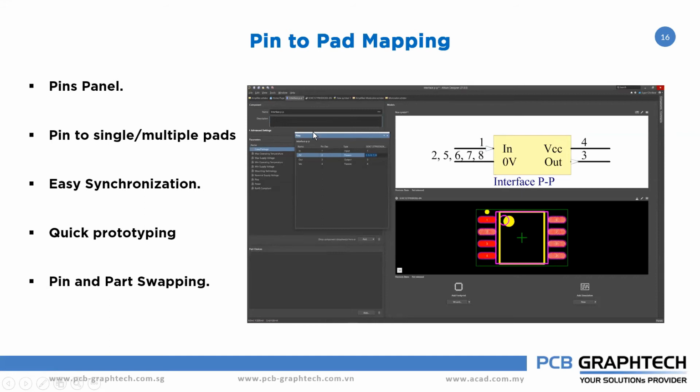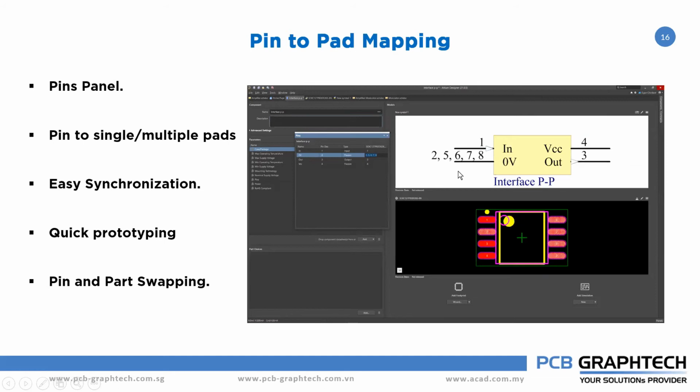Inside pin mapping, you assign, for the particular pin, all the pads you want to assign. So automatically when you're placing the symbol inside your schematic, followed by the footprint, it will be showing the pin details.